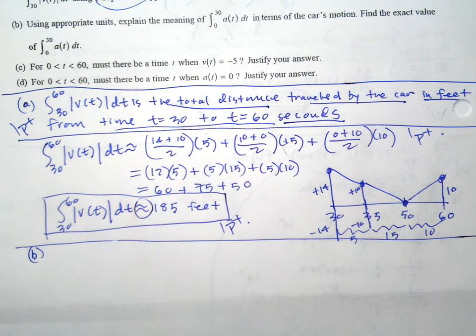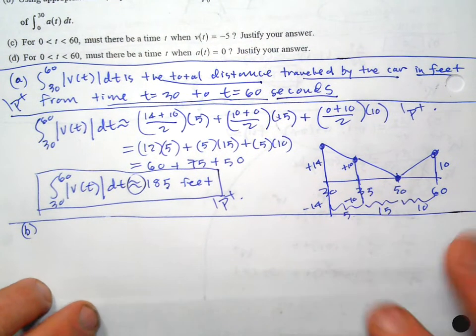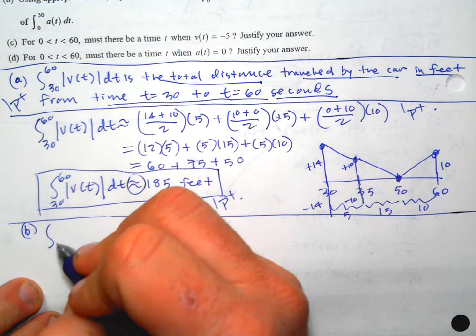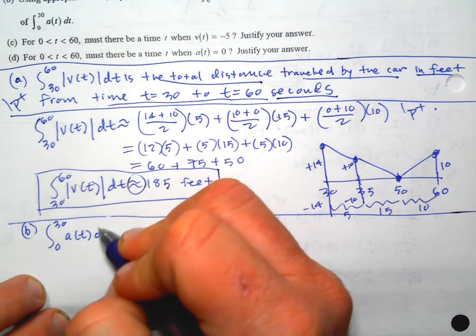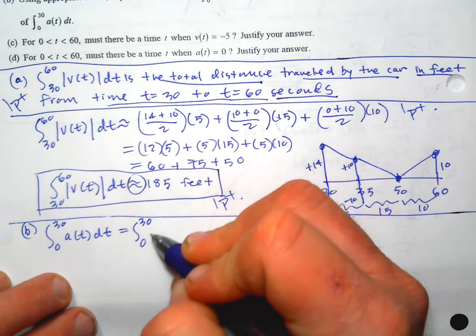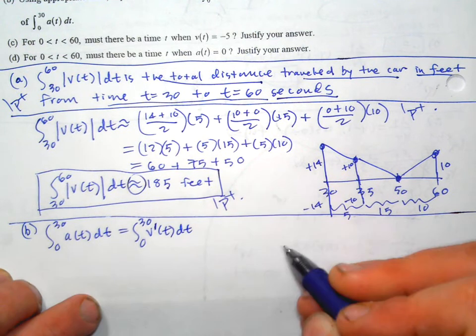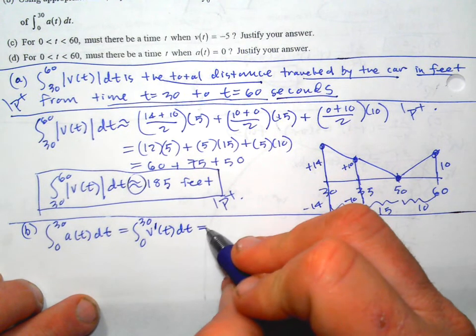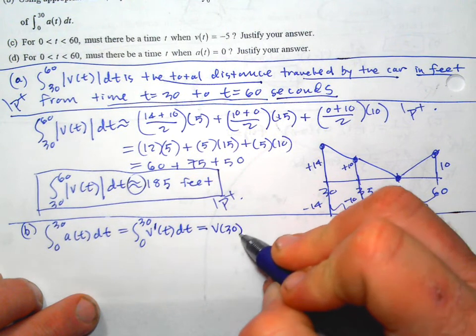Part B says use appropriate units to explain the meaning of the integral from 0 to 30 of a(t) dt in terms of the car's motion. Find the exact value of it. Okay, so the integral from 0 to 30 of a(t) dt is also the same as the integral from 0 to 30 of the derivative of velocity. So you want to think in terms of, well, if you integrate a rate, a derivative, you get the change in the velocity.